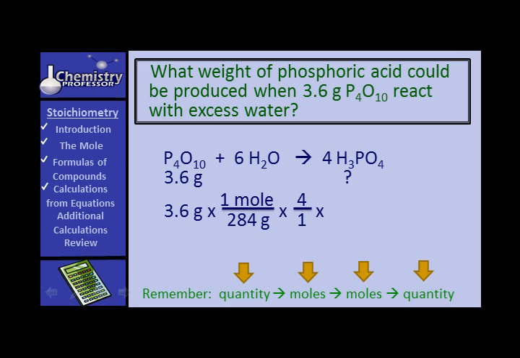Now we want to go to the quantity of material that we're looking for. So to convert from moles to mass, we multiply by the gram molecular weight, 98 grams per mole. And when we do this, our answer comes out to be 5 grams. It's just that simple, but there is a roadmap of how.